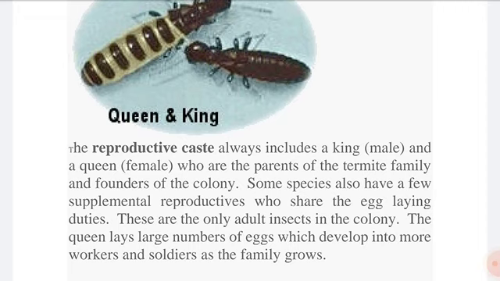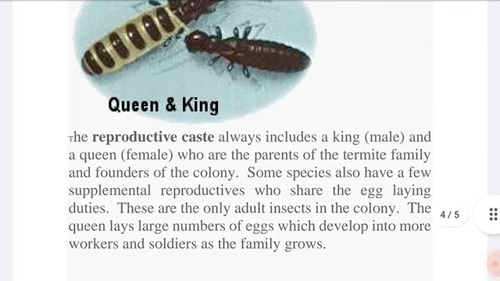Now, queen and king. These are the reproductive caste, and they always include a king, which is a fertile male, and a queen, which is a fertile female, who are the parents of the termite family and founders of the colony.